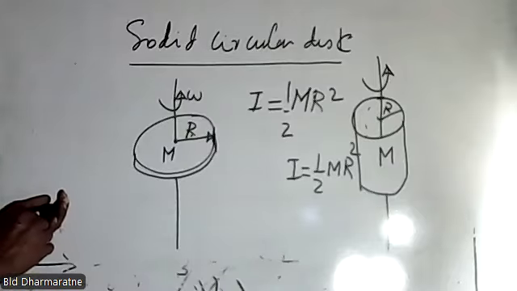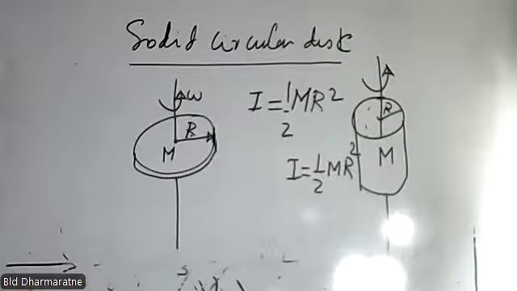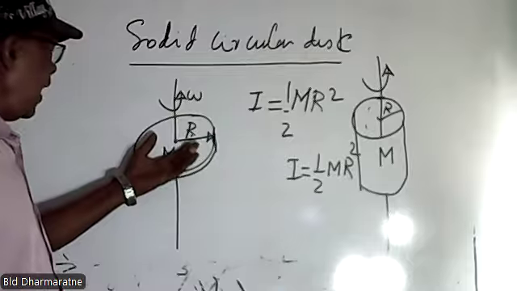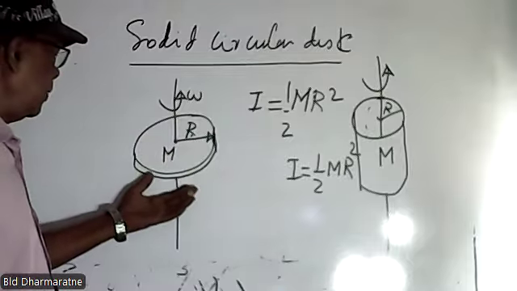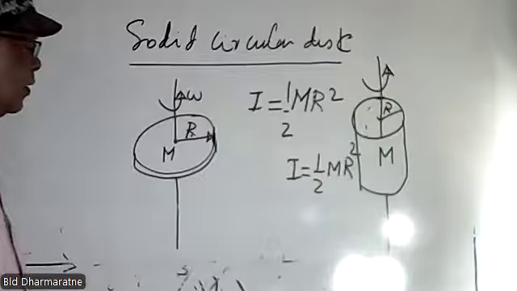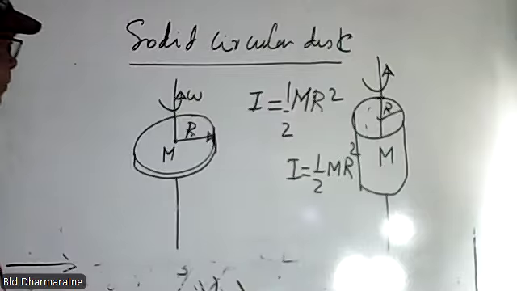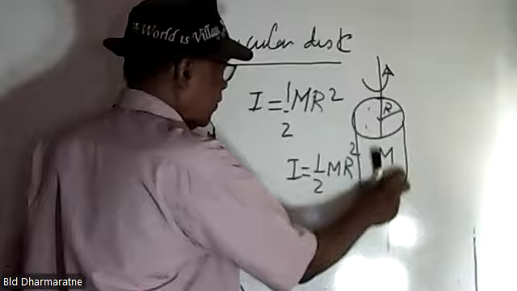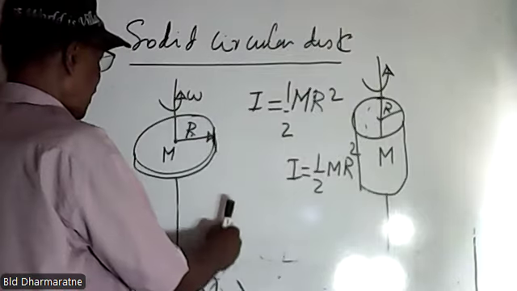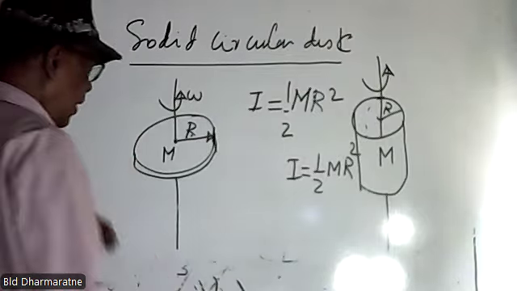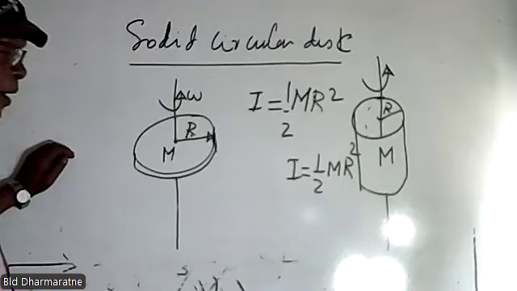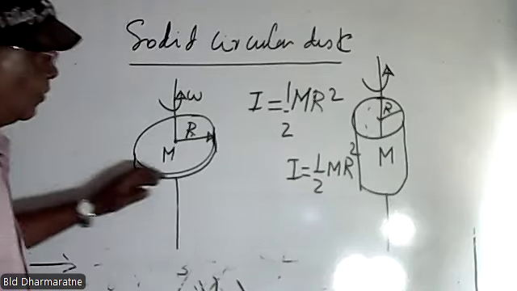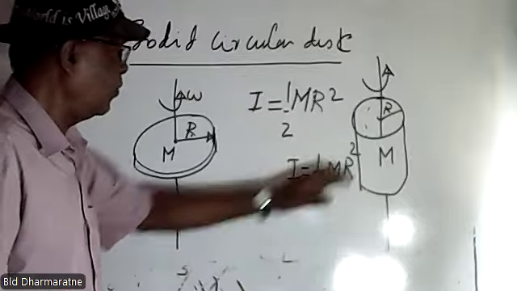Note here that the length along the axis is independent of the moment of inertia. Whatever the length or height of the cylinder, it is the same: half M R squared.